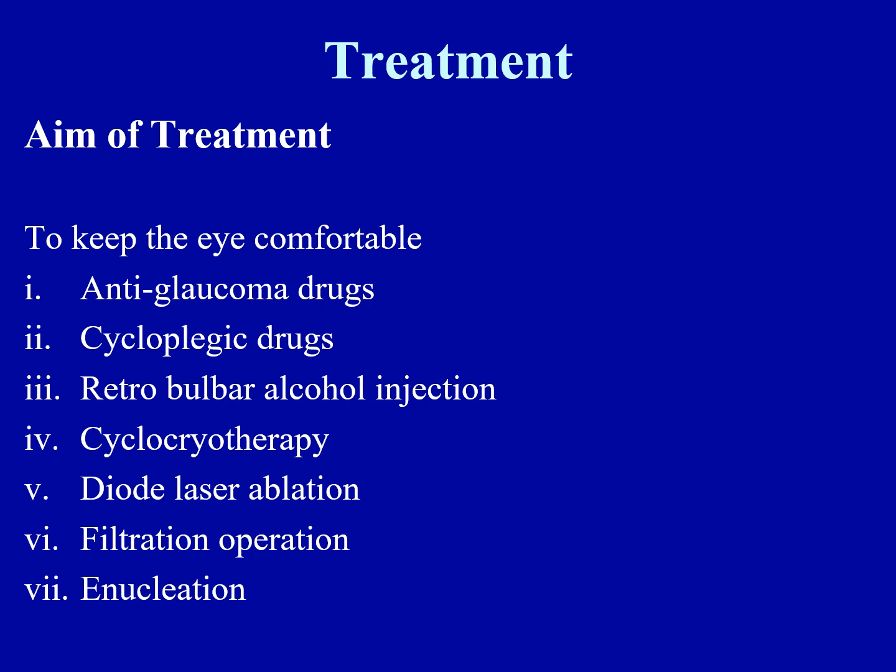We can use cyclocryotherapy. By this method, we destroy the ciliary body and secretion of the aqueous is decreased, so the intraocular pressure decreases. Similarly, we can destroy the ciliary body with diode laser ablation. Filtration operation is another answer. But if all these procedures fail, enucleation is the answer.